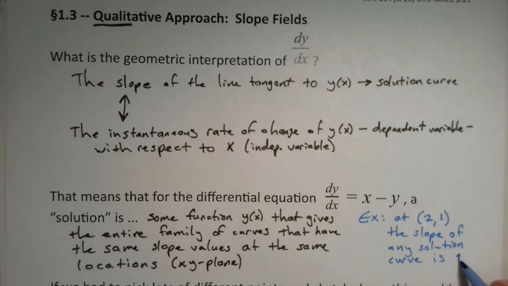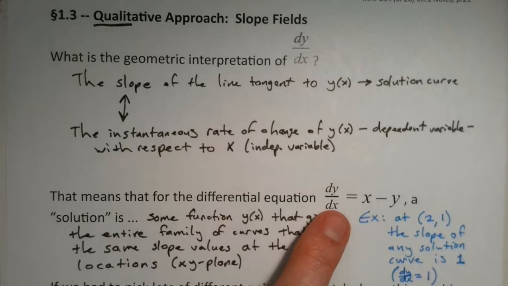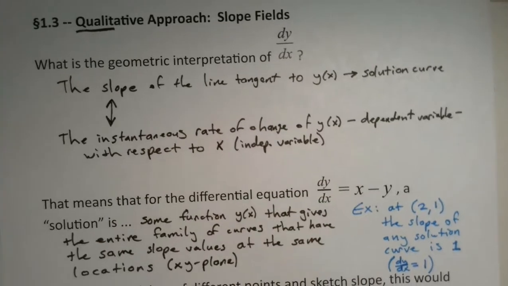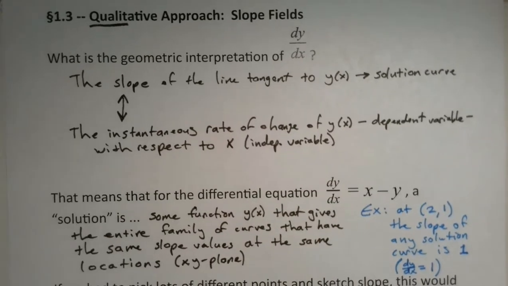It would just be 1. Guaranteed. And that's going to be the slope of the solution curve. That would be dy/dx equals 1. And we get that just by reading and interpreting that differential equation.